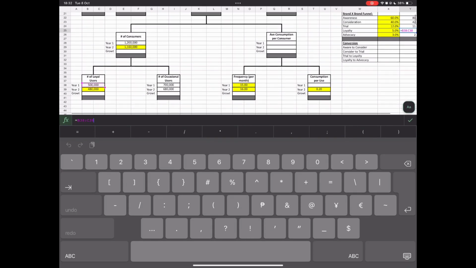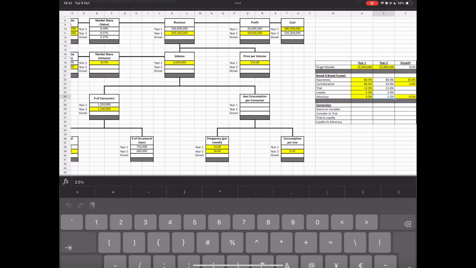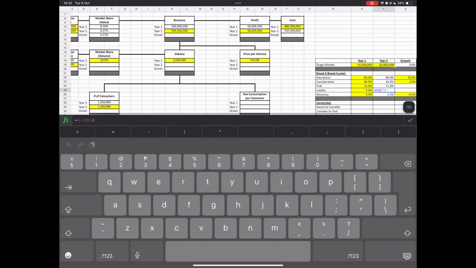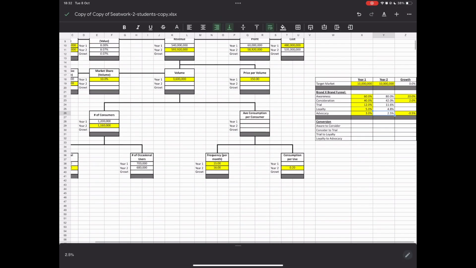Same idea with the loyalty, which is 500,000. What percent is that of the 10 million? Sorry, that should have been year 2, B39. There we go.